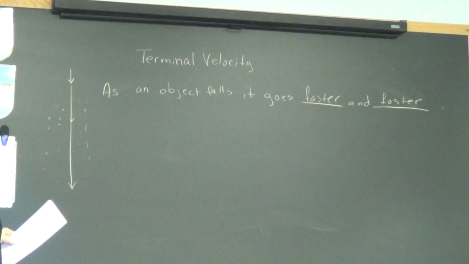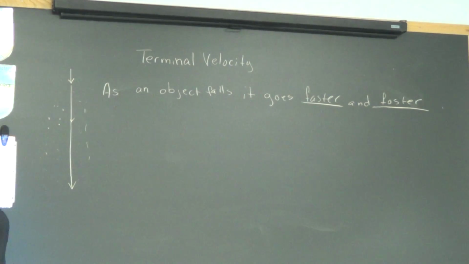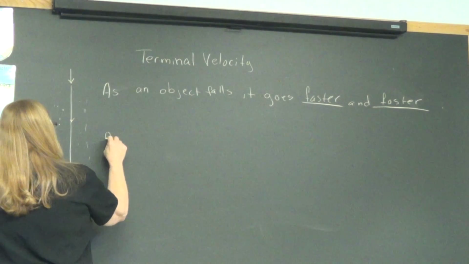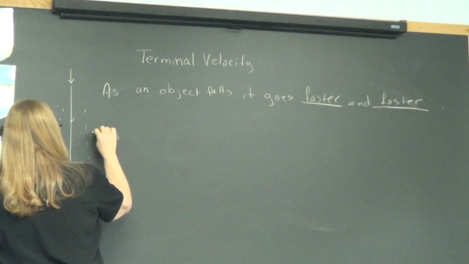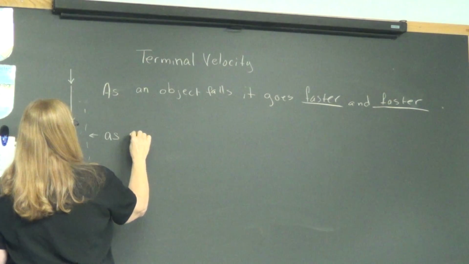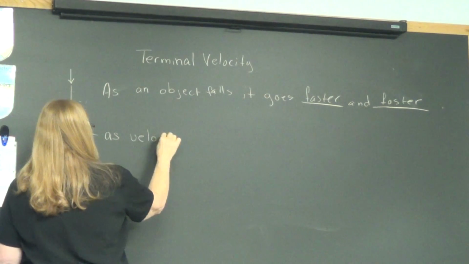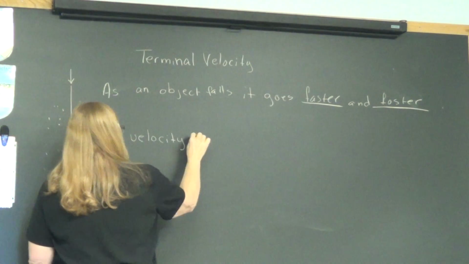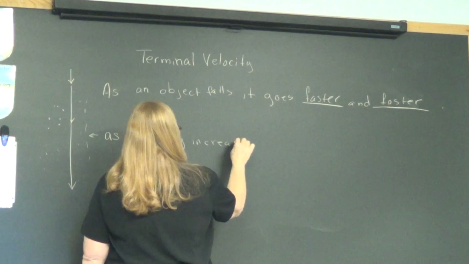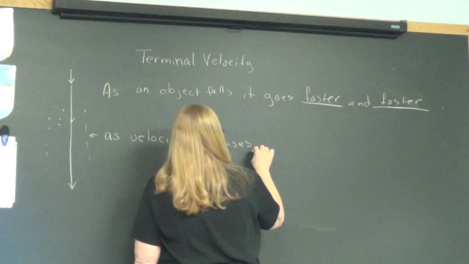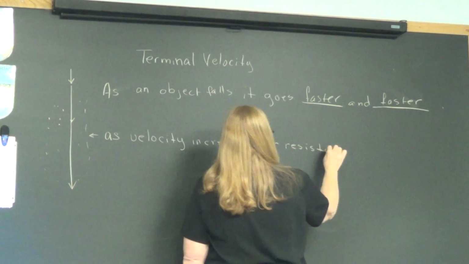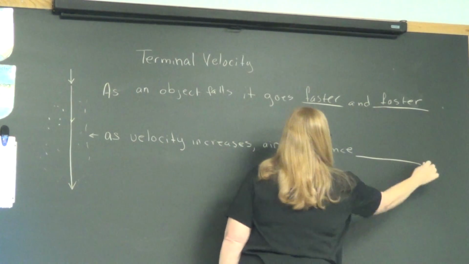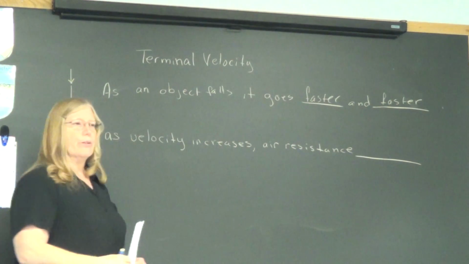So as the velocity increases, the air resistance, I'm going to write that as, so looking at this over here, as velocity increases, air resistance, fill in the blank. It's going to either increase or decrease.